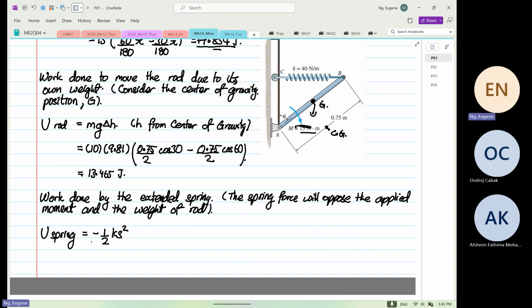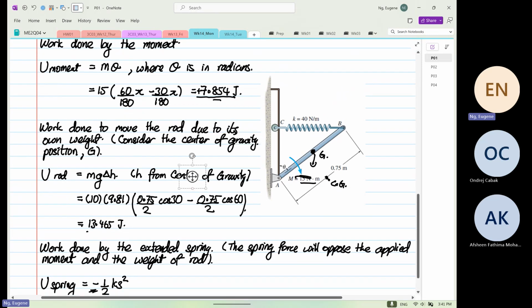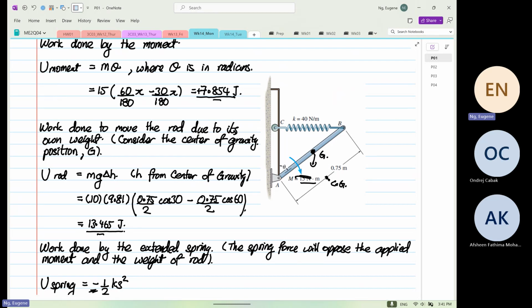Okay. Why is it negative? Because it's opposing the weight of the rod, the work done by the rod, which is positive, and the moment is also what? Positive, right? The moment, if you look at the moment, is in what direction? It's in the clockwise direction, and it's following the direction of the weight that is dropping due to what? Gravity. Yes or no? Okay.